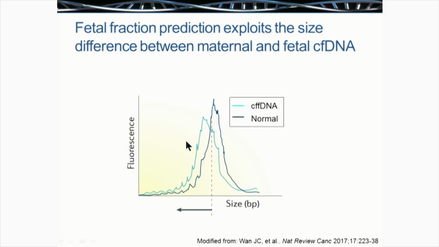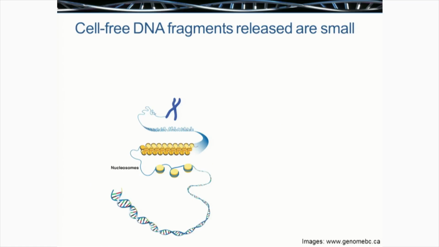And then cell-free fetal DNA, so that's coming from the placenta, is smaller. The size of that stretch of DNA is about 147 base pairs. And if you think back to your molecular biology textbooks or a review that you've read recently, we're going from the DNA packaging all the way up here into the chromosomes. What we really want to focus in on here are the nucleosomes.